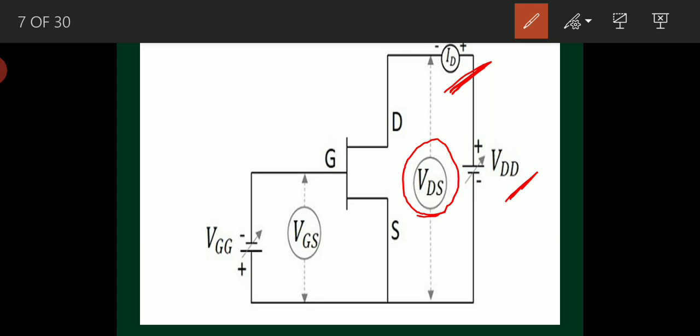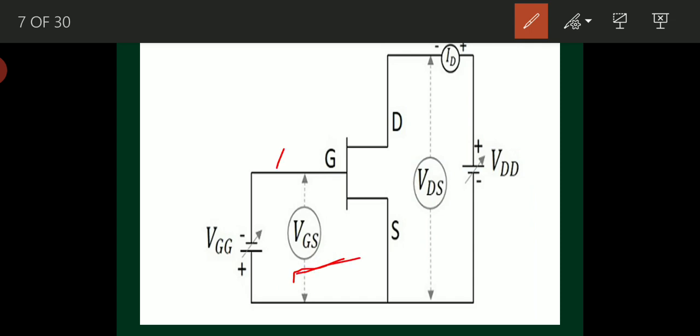So VDS is called the output voltage and ID is called the output current. VGS is the voltage between gate and source terminal. This is called the input voltage.